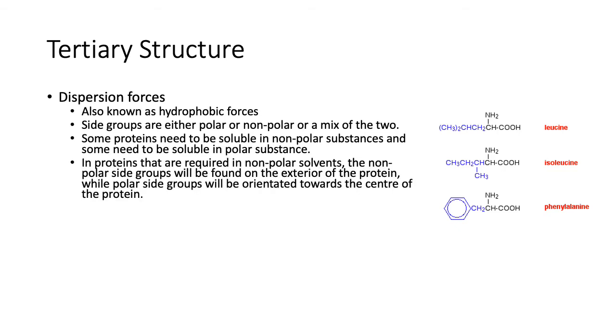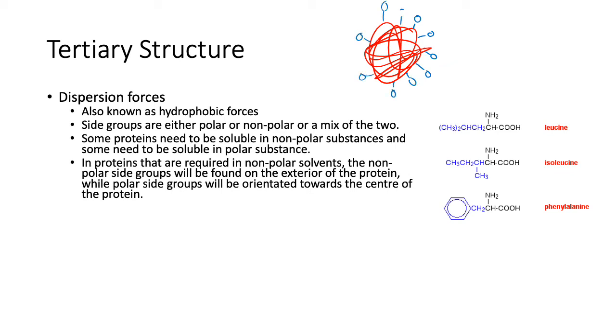And so if you need to have a protein that is in a non-polar solvent, like in fats, the non-polar side groups will be found on the exterior of the protein. Remember, here we have our protein and it's all folded into a particular shape. Your non-polar side groups, which will be in blue, will all be on the outside of your protein.